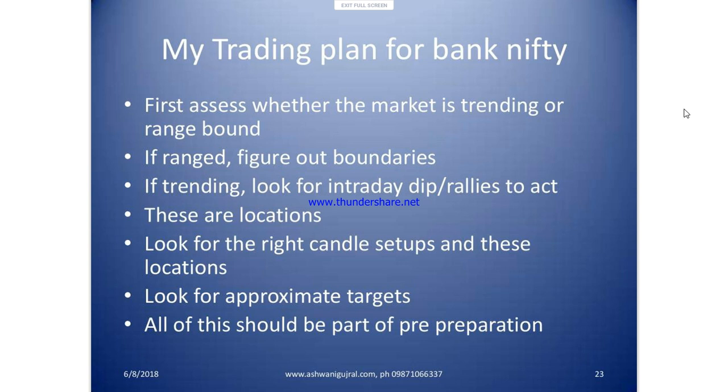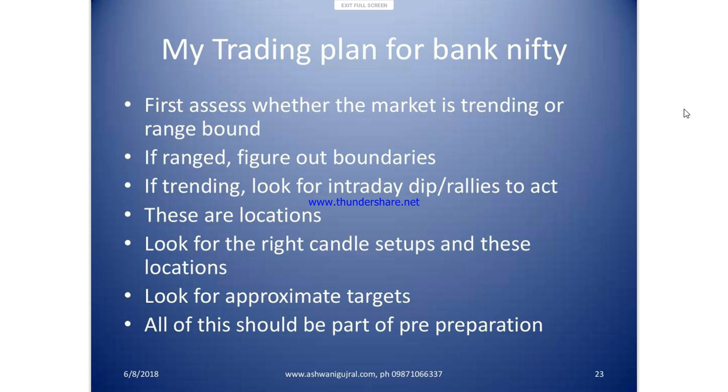If trending, what are you looking for? You are looking for a less than 50% correction, or the moving averages should hold, or the pivot should hold, and that would indicate that the market is trending.